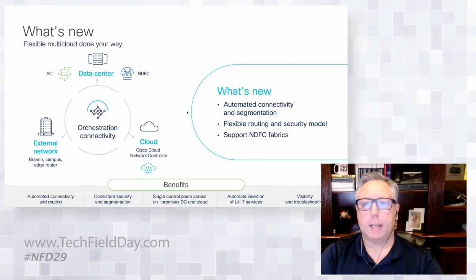First of all, we support any kind of on-prem networks you have, a data center with an ACI fabric, a data center with a Nexus Dashboard Fabric Controller fabric, just being there in a co-location or in your own premises, to your availability. We connect to external networks, which could be branch campuses or just another co-location where you need to.